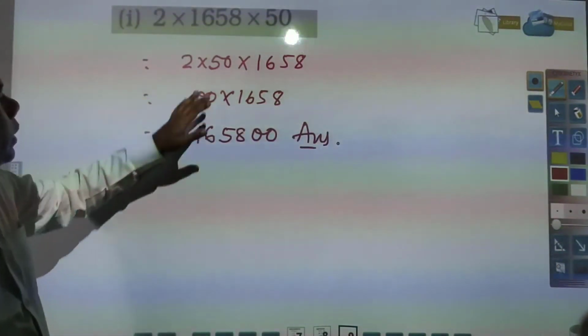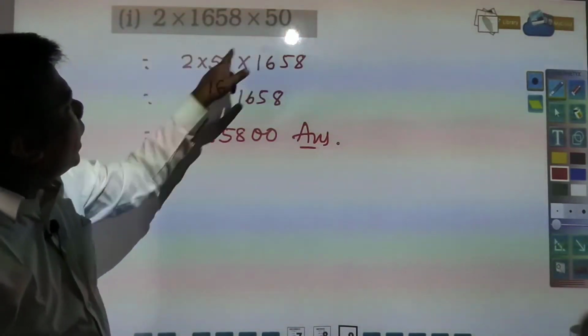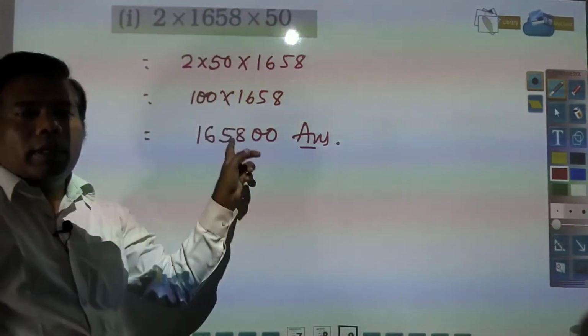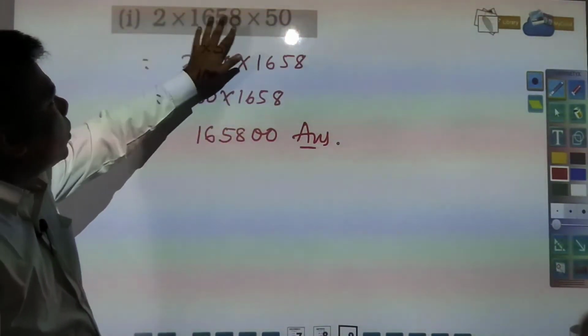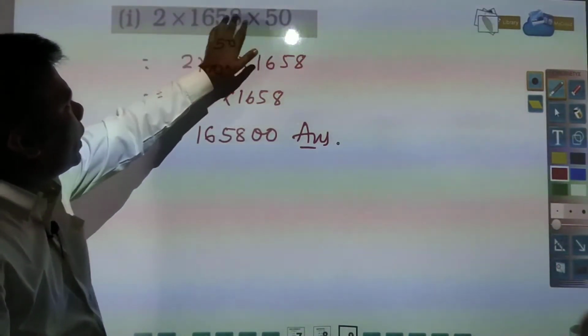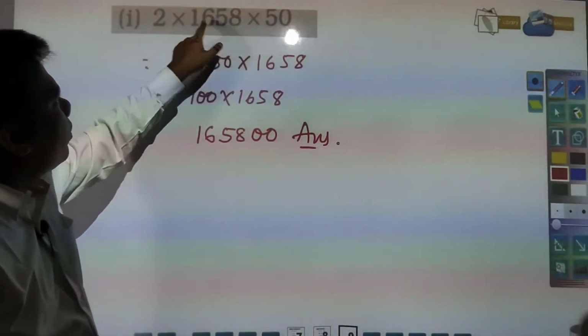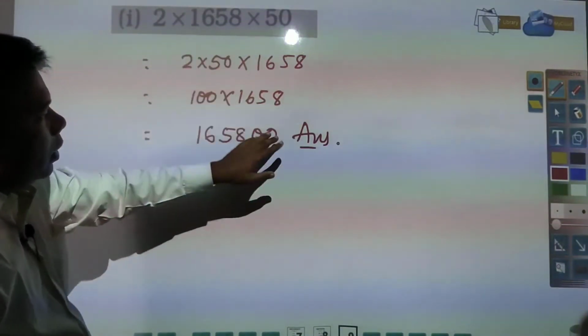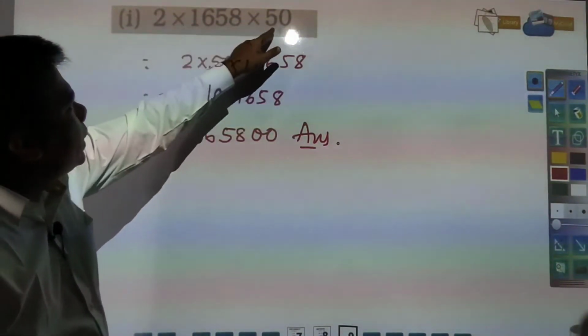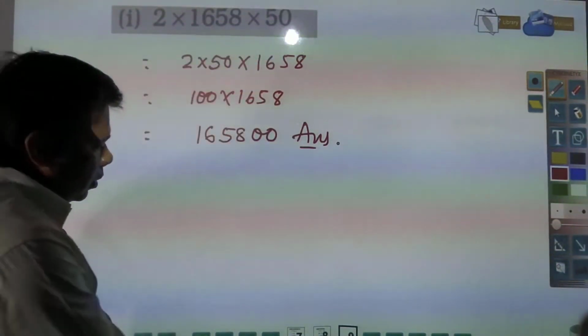So in this way, this is required to be rearranged first, so that you will get the answer. Otherwise by this way also you will get the answer, but you need to multiply 3 times, 2 into 1658, then with 50. So it will be easier if you rearrange this.